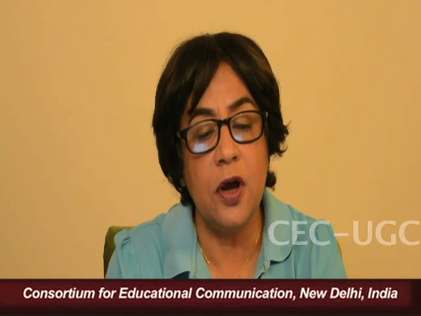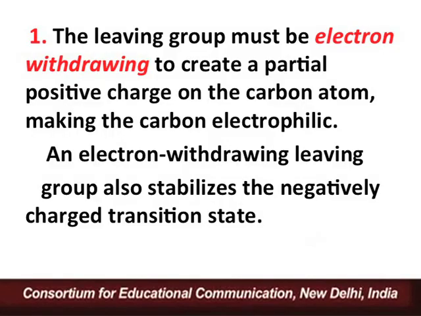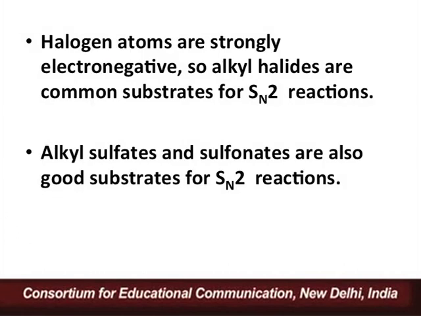So if the leaving group is electron withdrawing, it will create a partial positive charge on the carbon atom, making this carbon electrophilic in nature. An electron withdrawing leaving group also stabilizes the negatively charged transition state by making a bond at a longer distance.